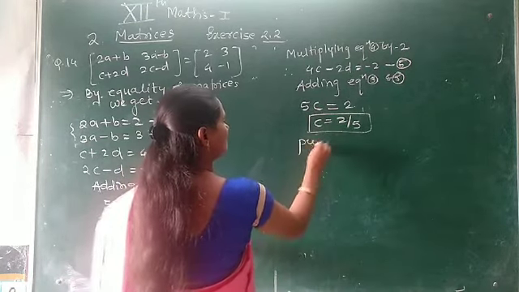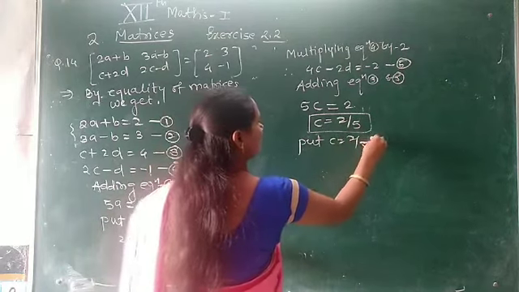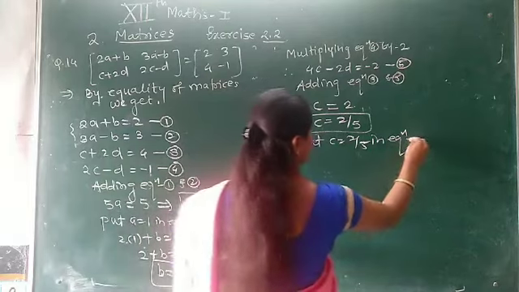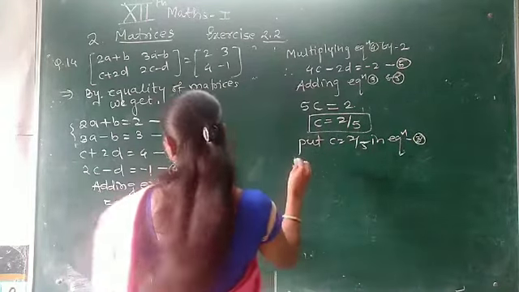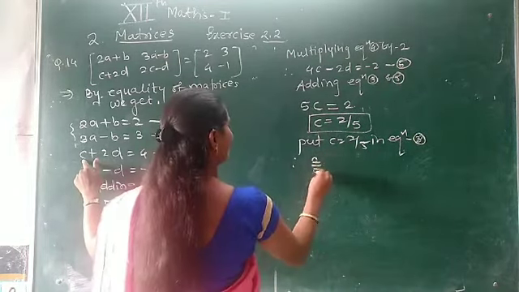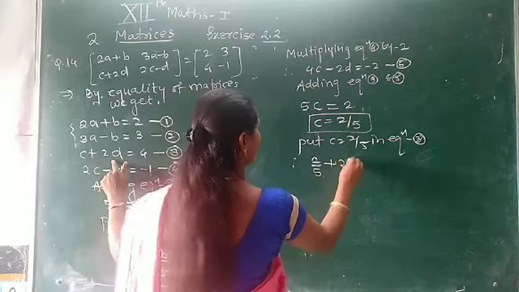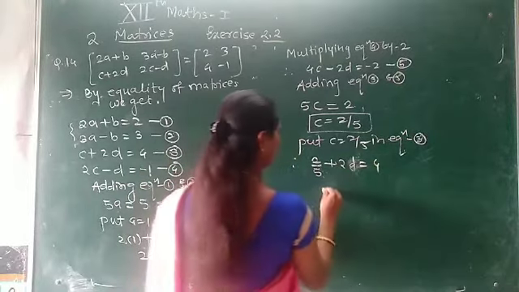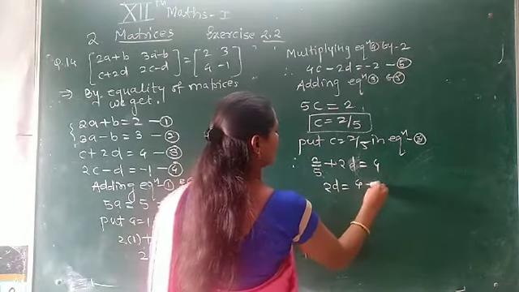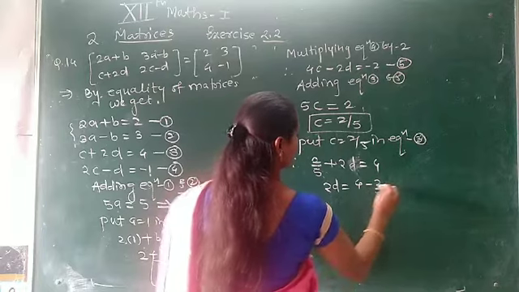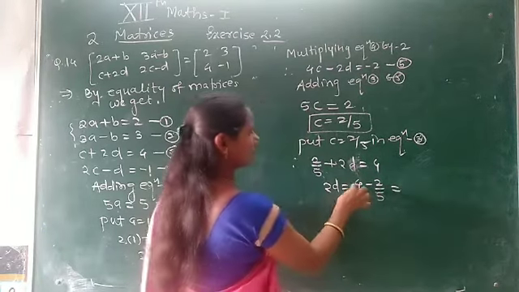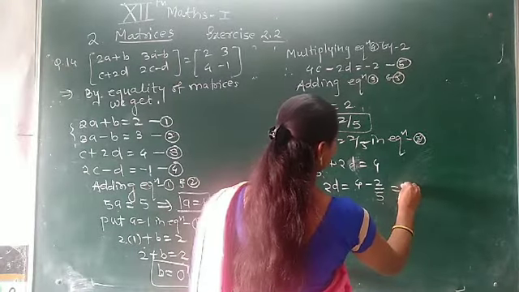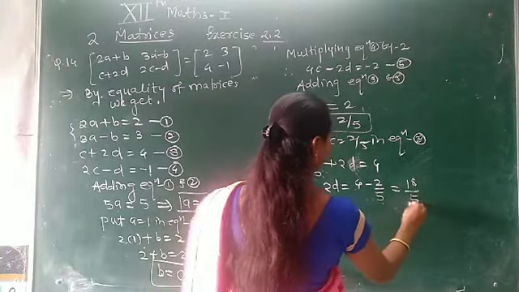Now put c is equal to 2 by 5 in equation, which, 3 or 4? In equation 3. So we will get 2 by 5 plus 2 into d is equal to 4. Therefore 2d is equal to 4 minus 2 by 5, that is 20 minus 2 upon 5, that is 18 upon 5.